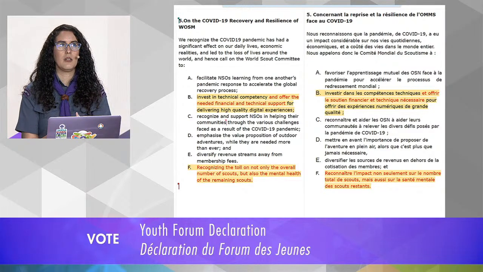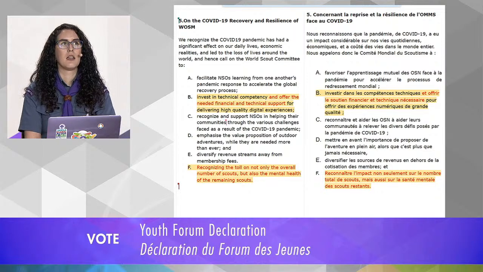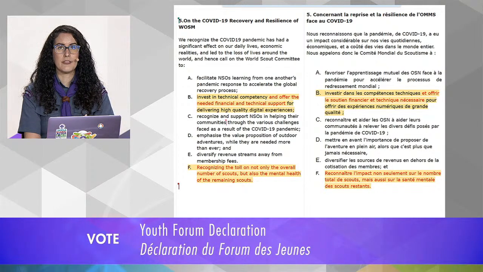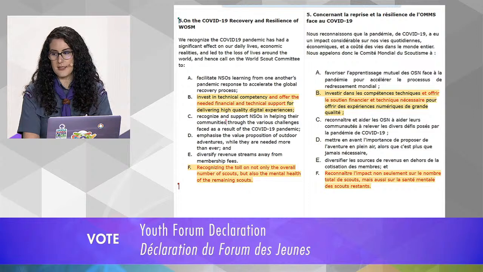So we're now discussing on paragraph number 5 on COVID-19 recovery and resilience of WASM. I see 1 delegation, but we're just coping with some technical challenges, so please be patient.